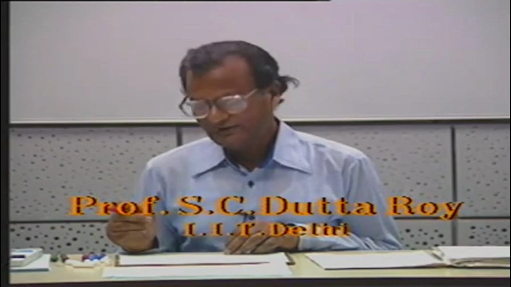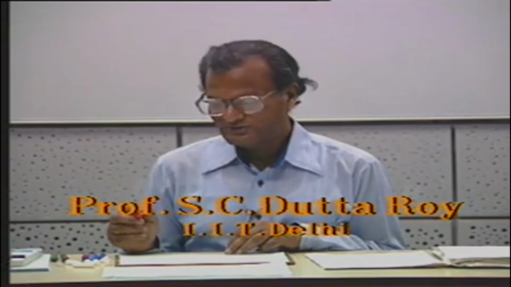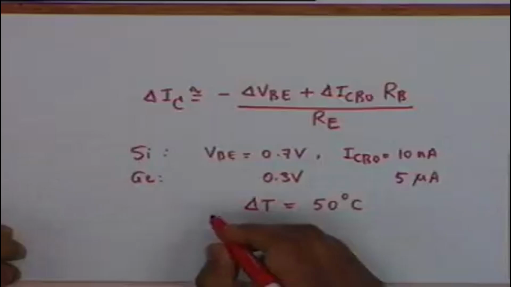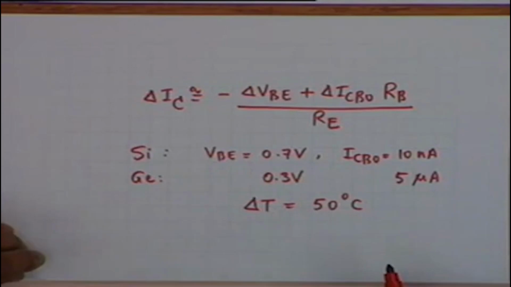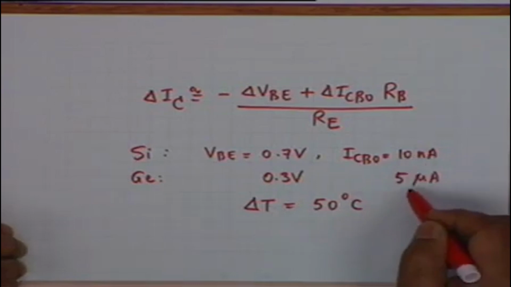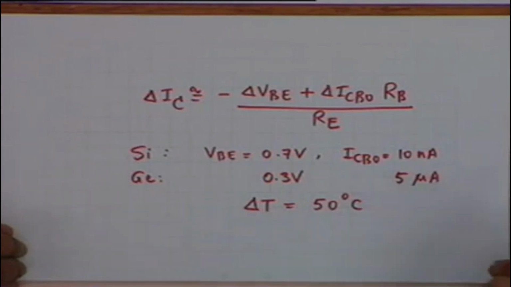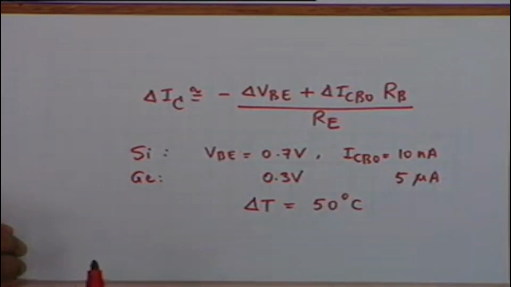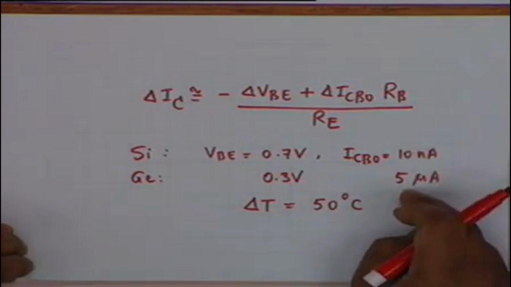Due to 50 degrees centigrade rise in temperature, what will be the factor by which ICBO changes? 2 to the 5, that means 32, alright, and therefore the new ICBO shall be 32 times 10 nanoampere, 32 times 5, and delta ICBO should be 31 multiplied by these two quantities. Is that clear? Is that clear why 31?